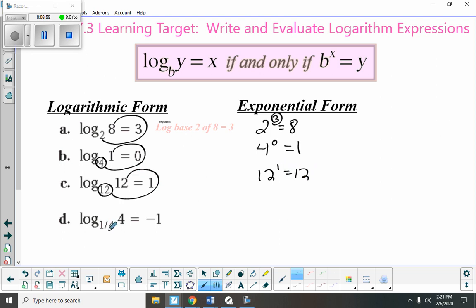The log, base 1/4. So the base is 1/4. And the exponent would be a negative 1, and that would give us 4. Because 1 to any power is 1, and then we have 4 to the negative 1, well, we'd have to write the reciprocal of 1 over 4. That would be 4 over 1 and make the exponent positive. So that does indeed equal 4.